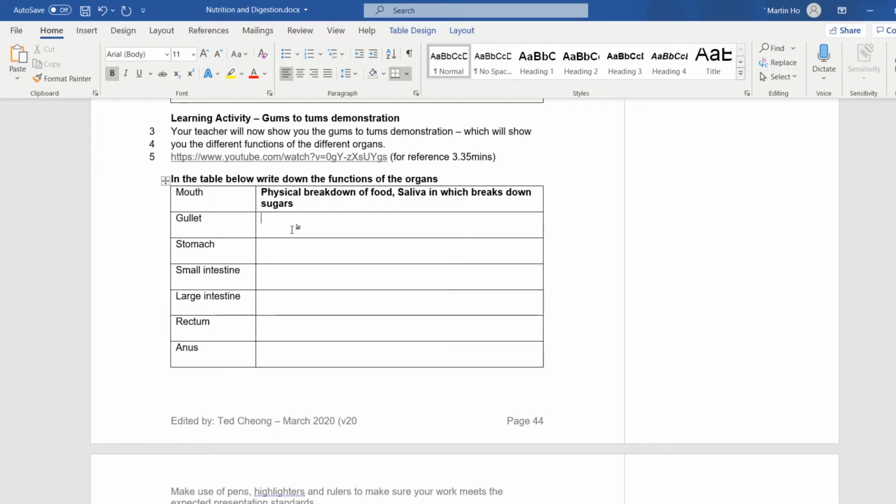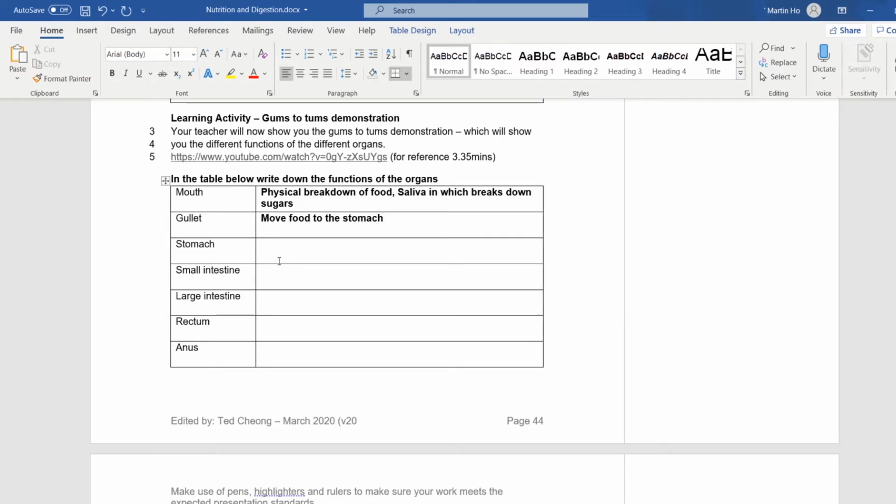If we follow the food down our esophagus or gullet, we find a trail of muscles which help move all the food that we've broken down physically into our stomach. So the function of the gullet is to move food to the stomach.